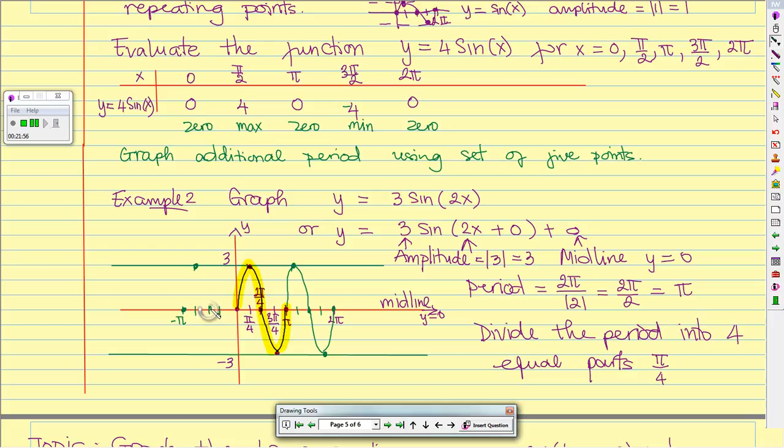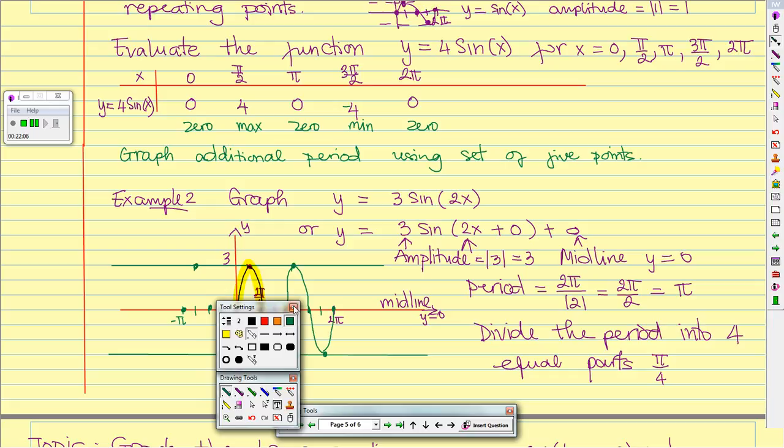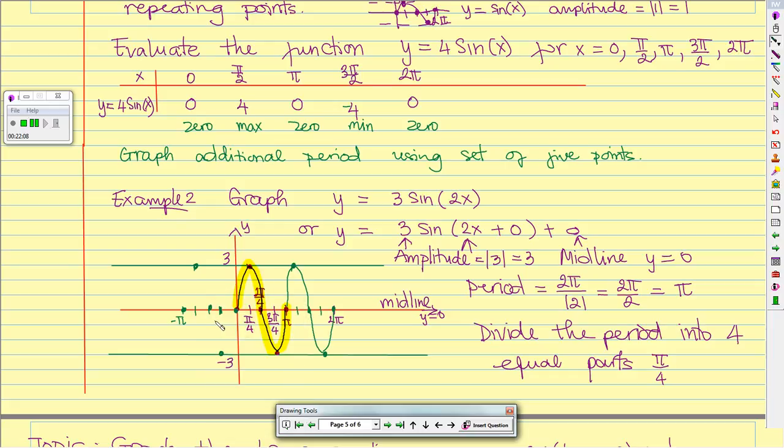You start with your pattern y equals 0, y equals maximum, y equals 0, y equals minimum, and then y equals 0. Now if you can label one tick mark, this is negative pi over 4. And then you connect the 5 points using the curve again.